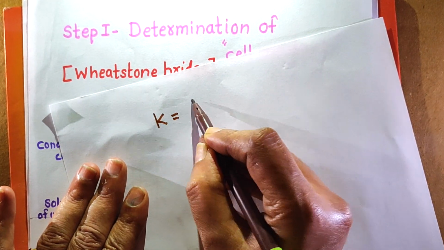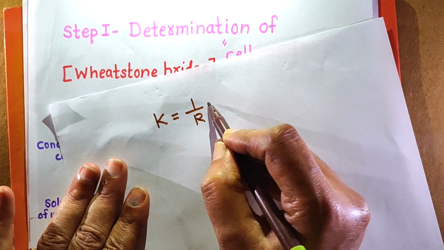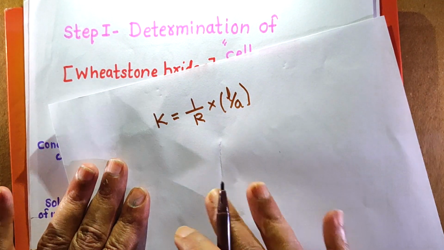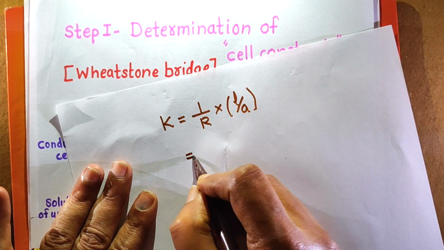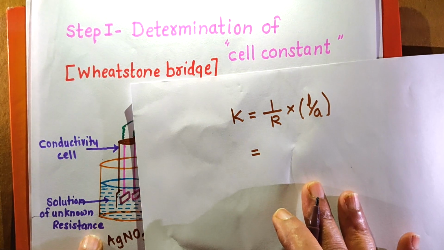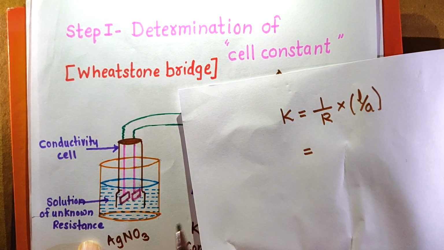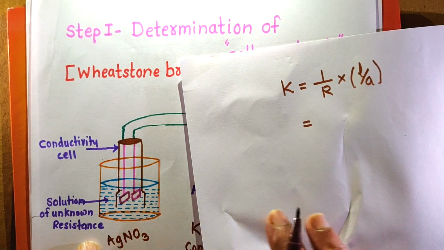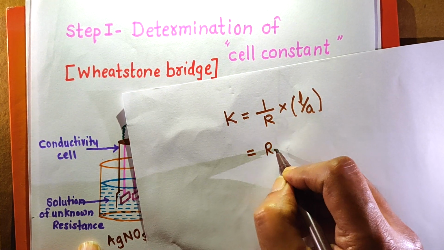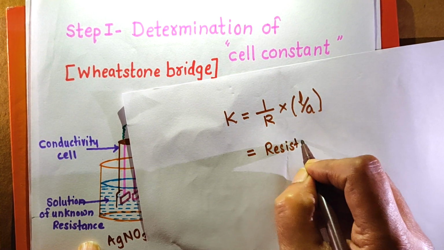Conductivity is equal to 1 upon R into L upon A. Now see 1 upon R, that is resistance. Now you know the resistance of this cell because we have determined the resistance of this cell here.